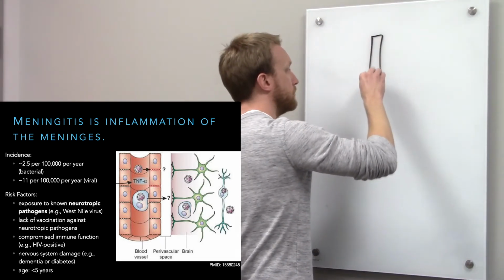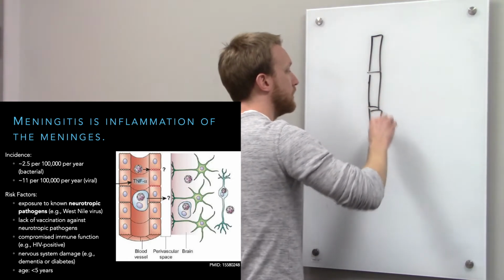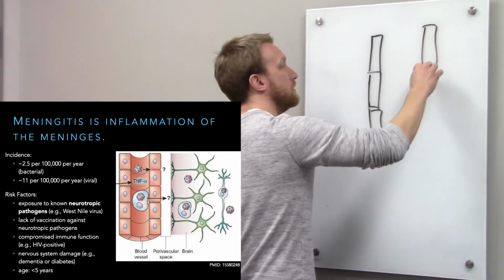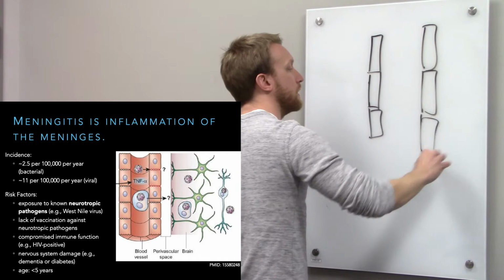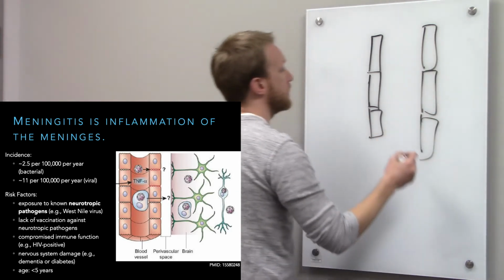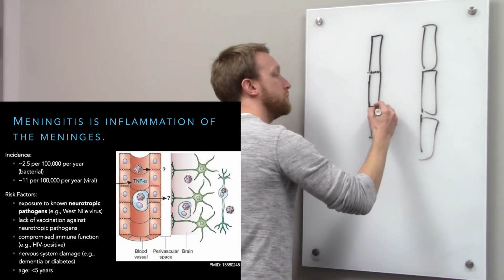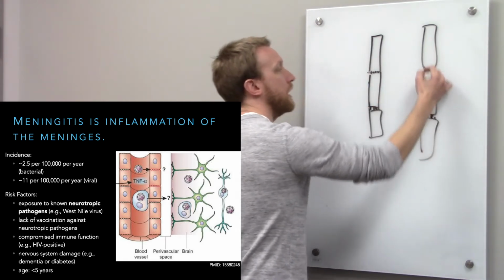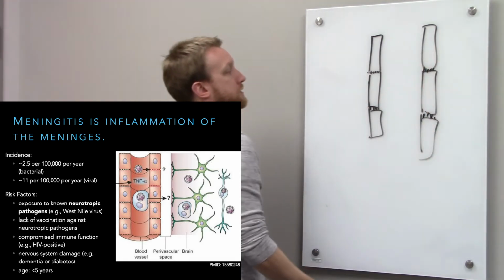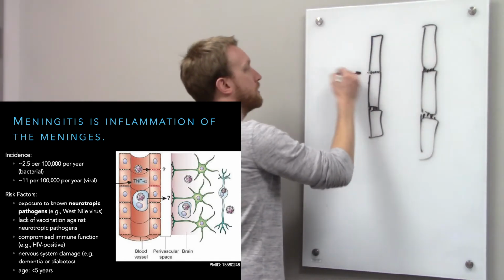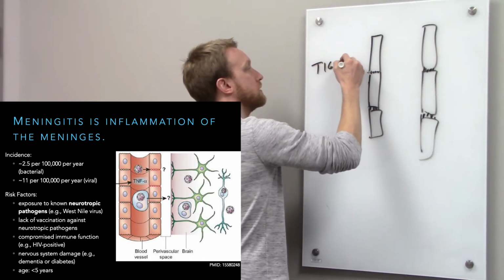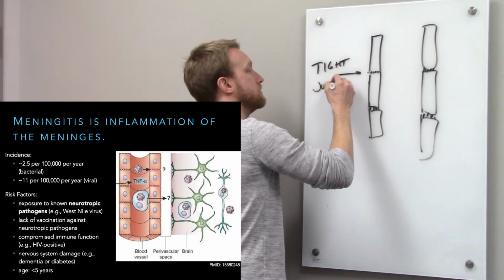All right, when we're talking blood-brain barrier, let's say this is a blood vessel. There's some smooth muscle around it, but I don't care about that for now. In the brain, there is no space between our vascular epithelial cells. They're connected by what we call tight junctions.